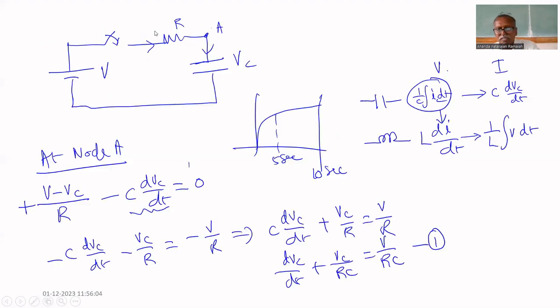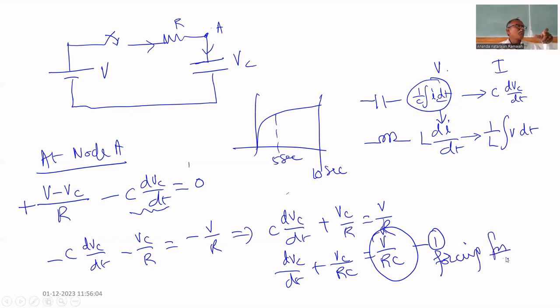The equation is dVC by dt plus VC divided by RC equal to 0. We will find the complementary function first. Then the forcing function. Why is it called the forcing function?